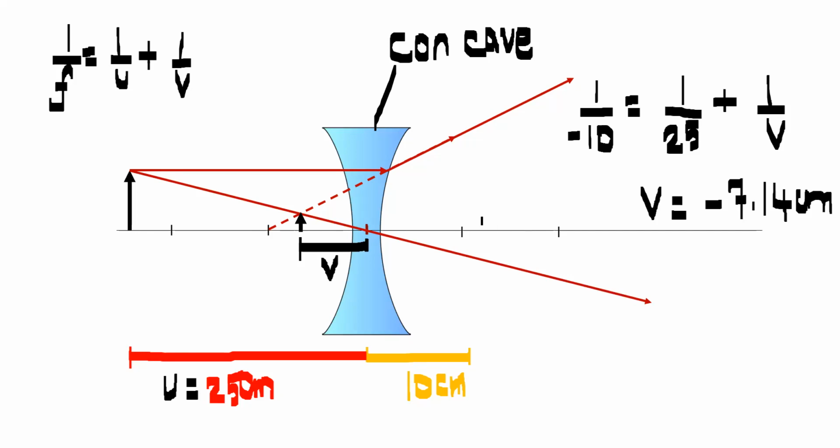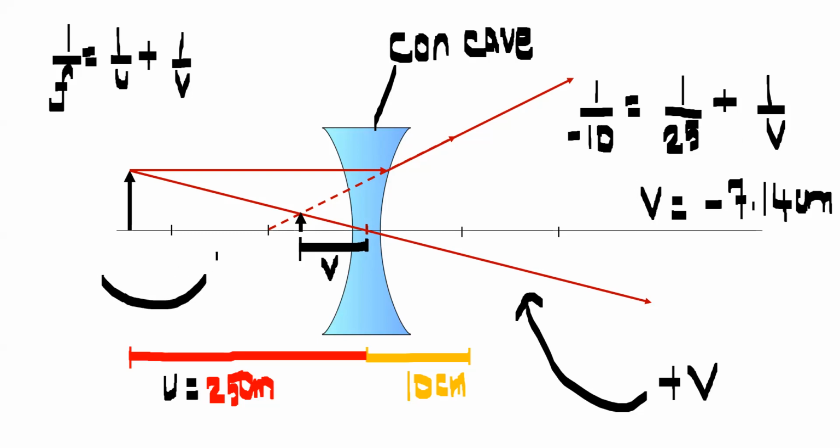Now, what does this mean? If you get V on this side, then V is a positive value. But now you're getting V as a negative value. Negative means on the same side. On the same side means V will be negative. So negative value means what? Right, our image is on the same side as the object. So put a note.